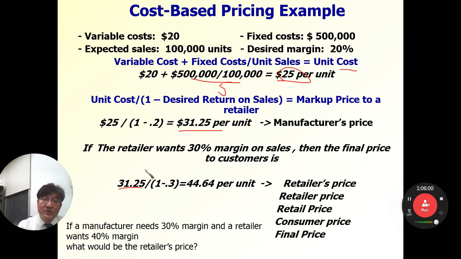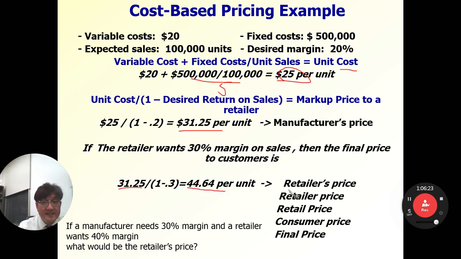So this is the cost to the retailers, and they charge a 30% margin on sales. Then you divide this unit cost for the retailer by 1 minus 0.3. Then it is $44.64 per unit.